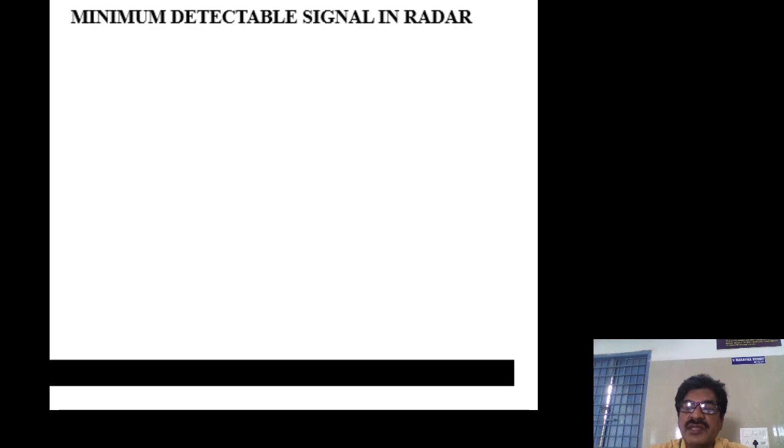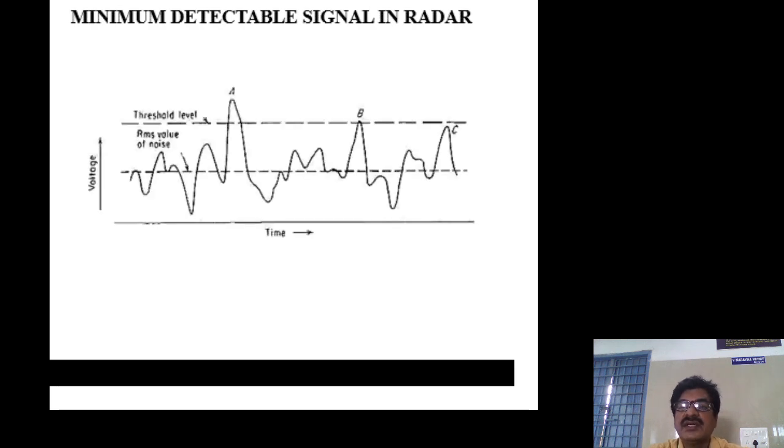Then let us see the topic, minimum detectable signal in radar. This is the concept including threshold detection.